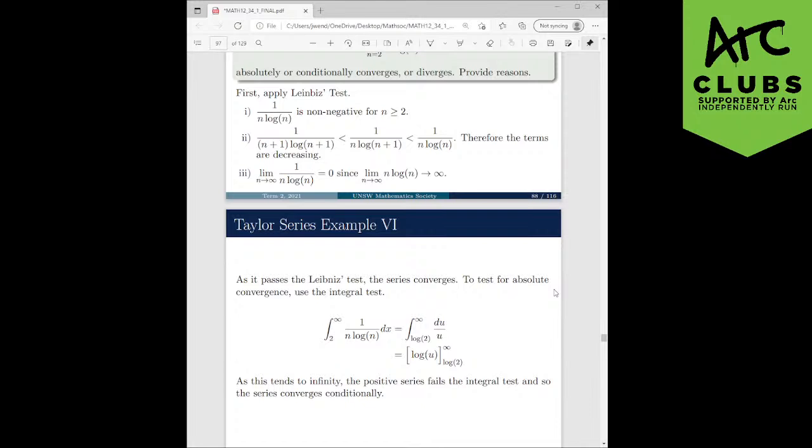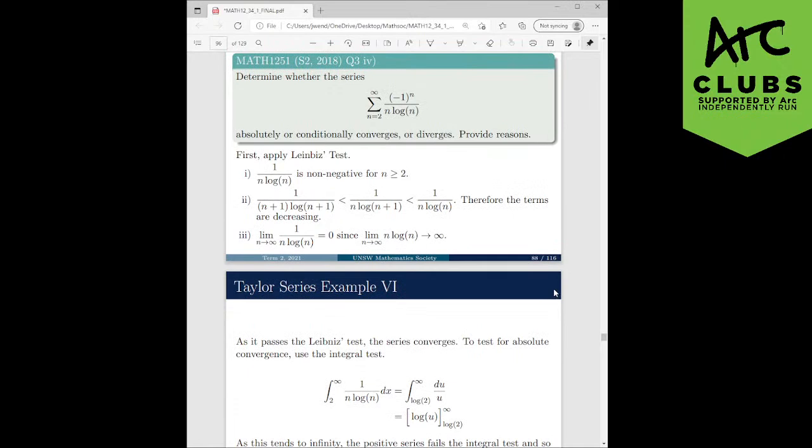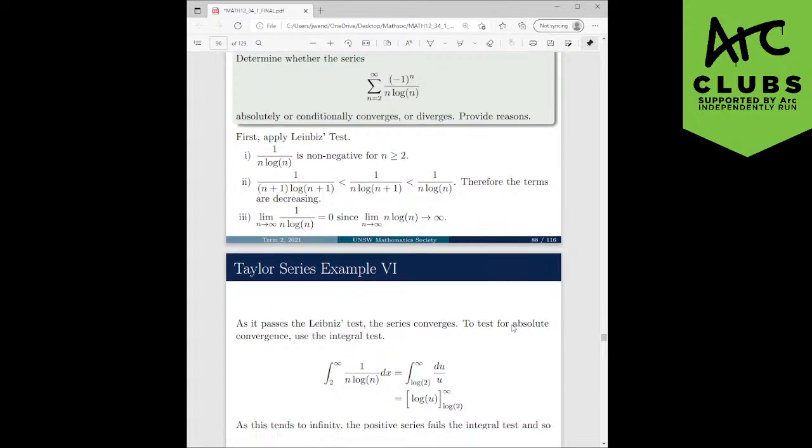But then we have to test for absolute convergence. When you're testing for that, you're just looking at this series and pretending it was always the positive version of itself, so there was never a (-1)^n. The sequence is just 1 over n log n, and you can use all those tests we talked about before. What we're going to use here is the integral test.